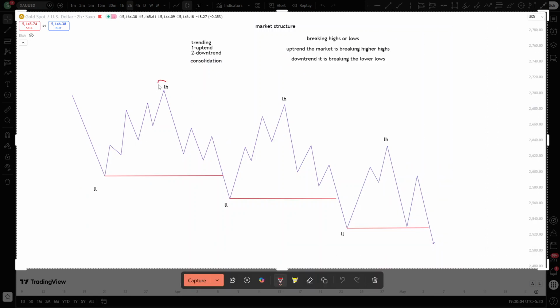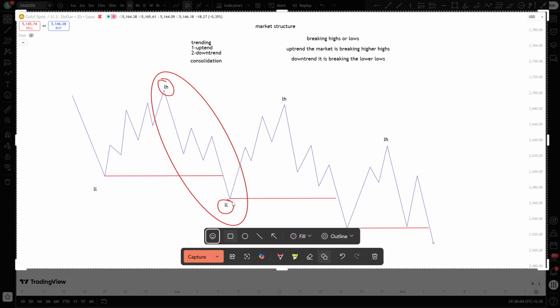When you look at this lower high here and this lower low, it is an external range of this structure, this whole structure. This whole structure which is inside it is considered to be internal liquidity.